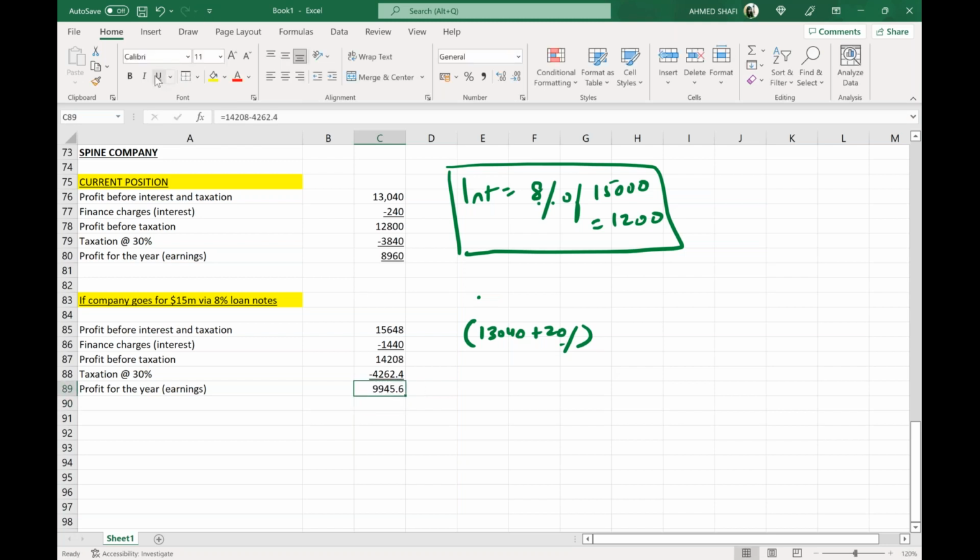This is the updated P&L if you go for debt. Okay, you can note it, and if you have any questions, please ask.